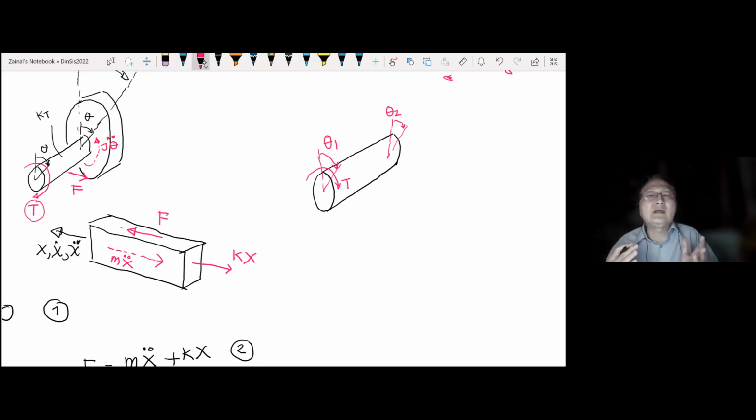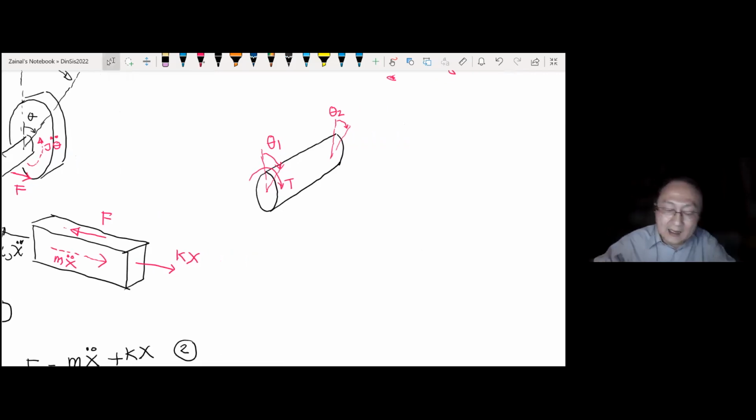In static condition, yes. In dynamic condition, theta 2 can be larger than theta 1. So look at what happened. Since you have theta 1 and theta 2, you have spring force in this direction, right?